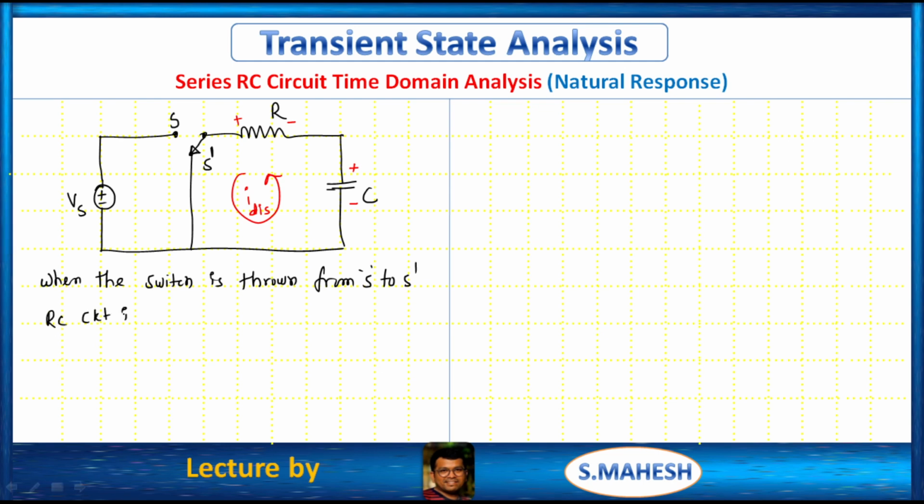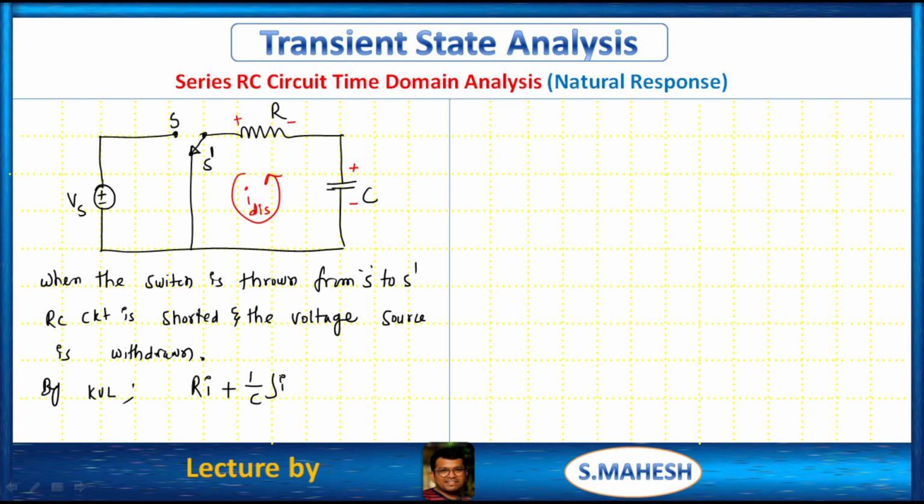RC circuit is shorted and the voltage source is withdrawn, same like in case of series RL circuit. There is nothing new in that. Okay, therefore by KVL, that's why by KVL we have to write Ri plus 1 by C integral I dt.